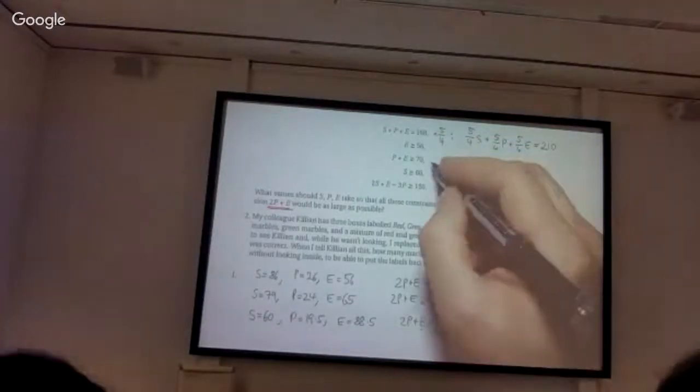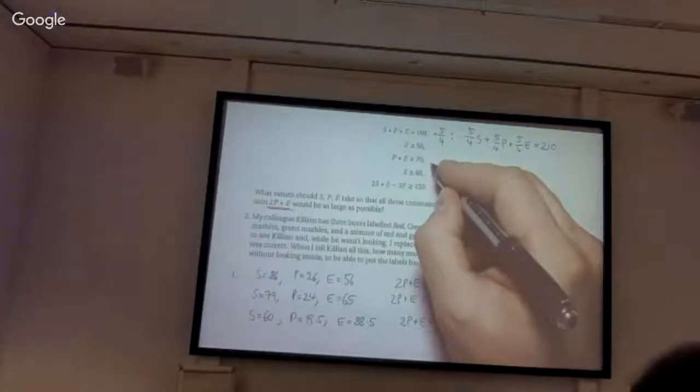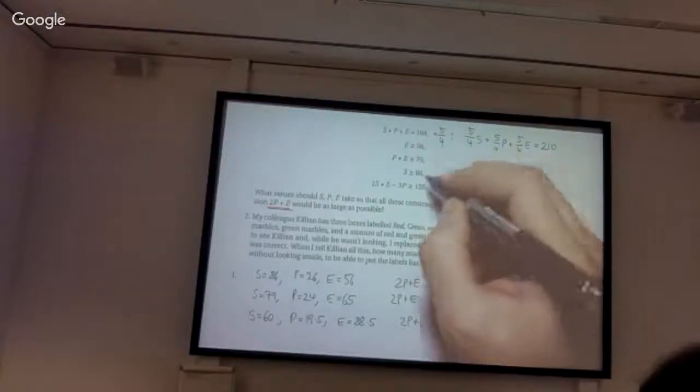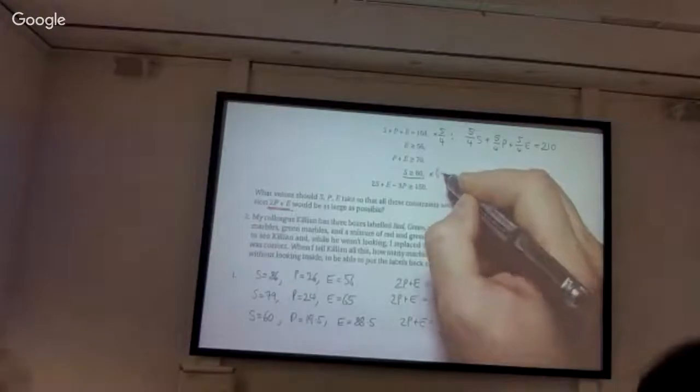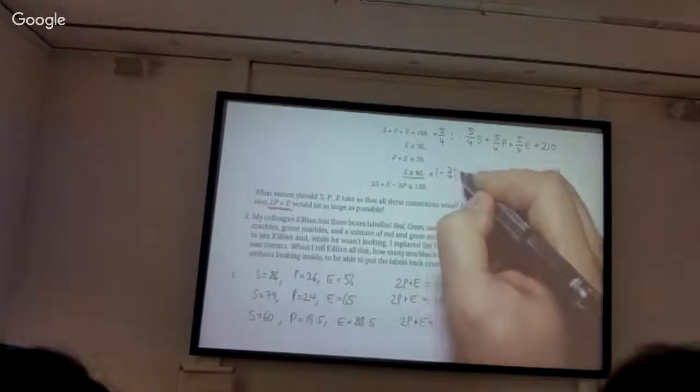Okay, I take the third constraint. No, I won't take the third constraint. I take the fourth constraint and I'll multiply it by -3/4.